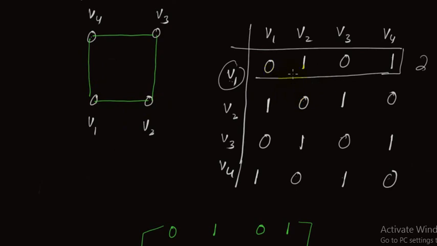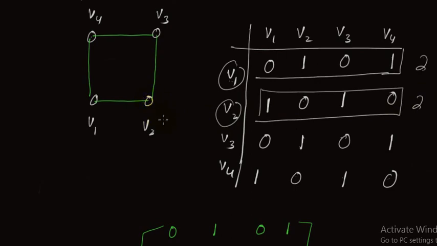So the sum of entries gives information about the degree of a vertex. Similarly, for vertex V2, if I add these values, again I get 2 as the answer. Similarly, vertex V2 has degree 2. So all these vertices have degree 2, and the sum of all the entries in front of these vertices is also 2.